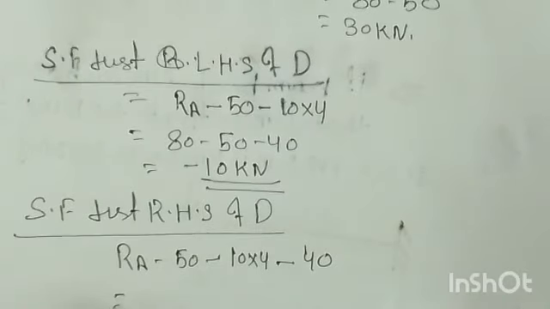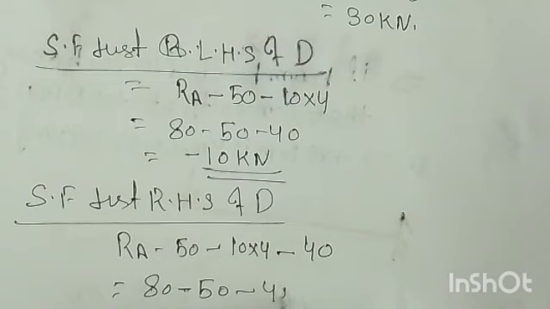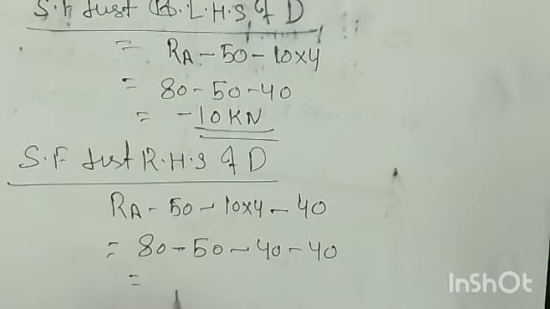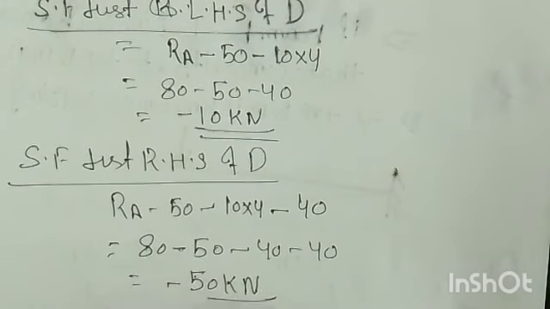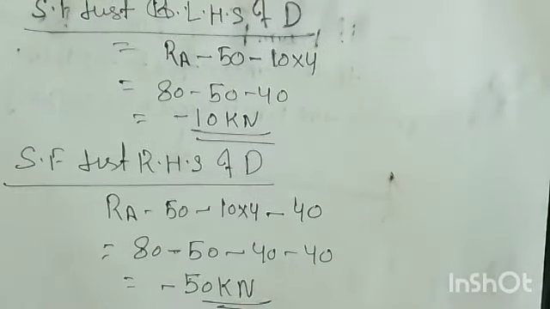So 80 minus 50 minus 40 minus 40, which gives minus 50 kilonewton.